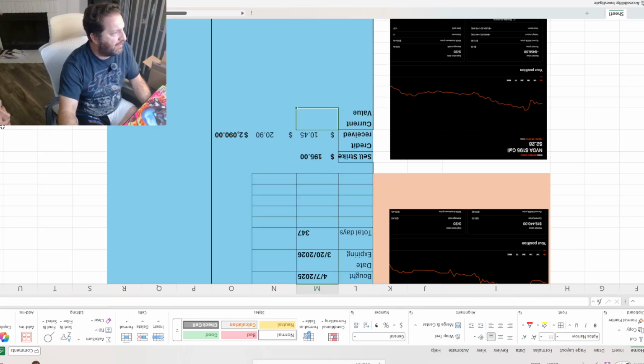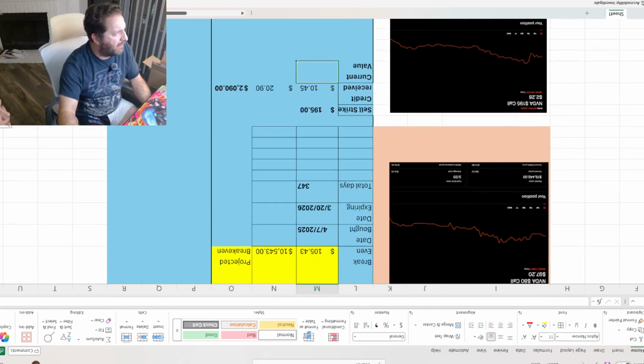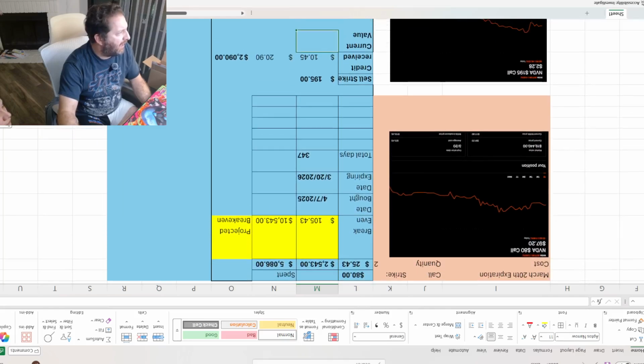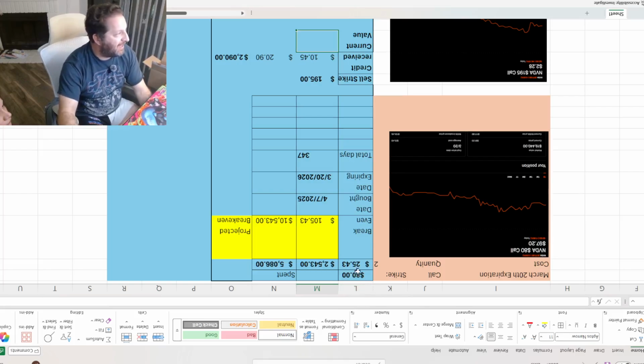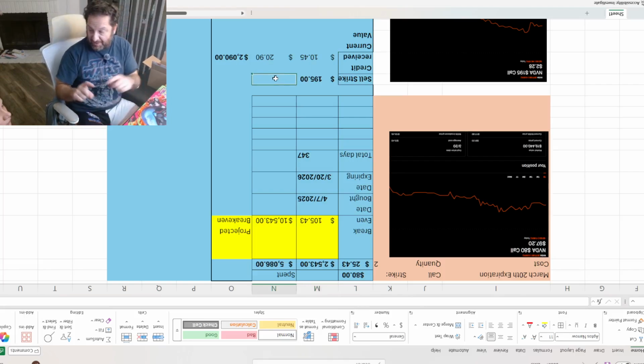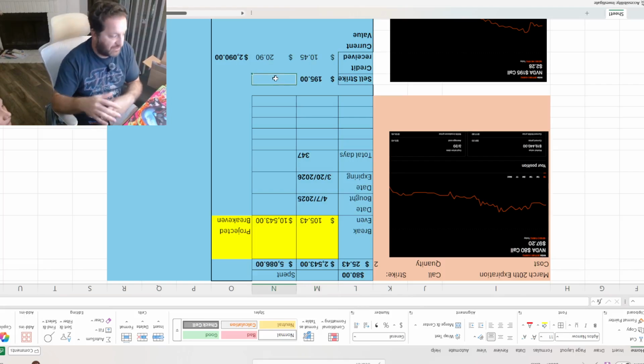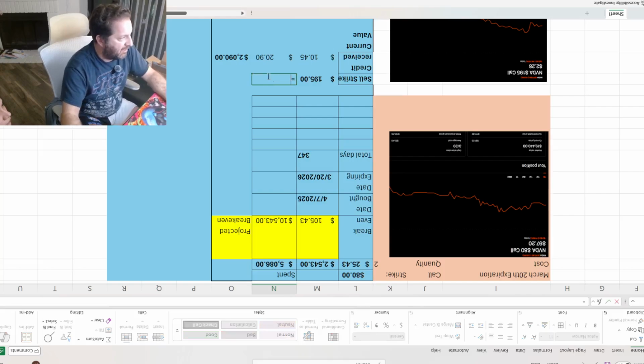So you have an $80 call option. This is how this thing kind of plays out. Okay, so you have an $80 call option and a 195 strike that you're selling. There is a substantial difference there, so we need to capture that. So it's going to be equals this minus this, right?